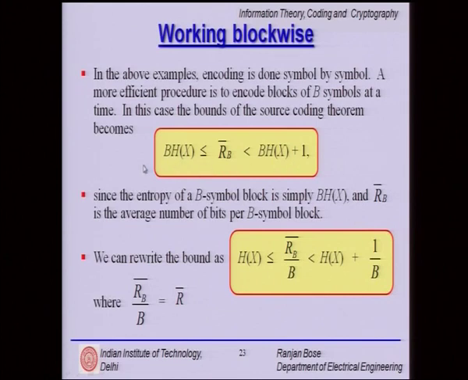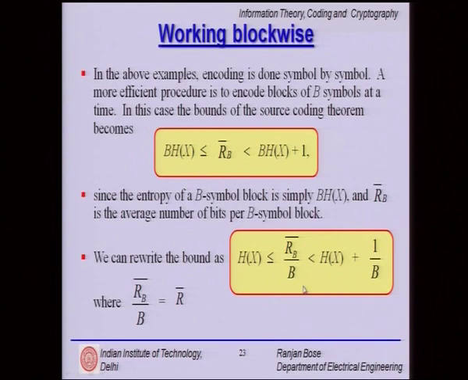So, we can divide all the sides by B and rewrite the bound as H(X) less than or equal to R_B bar over B less than or equal to H(X) plus 1 over B. But R_B bar is the average number of bits required to represent a B symbol block. But how many symbols does it have? B symbols. So, R_B bar divided by B is the average number of bits per symbol, and that is my R bar.